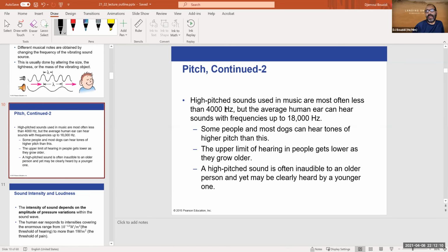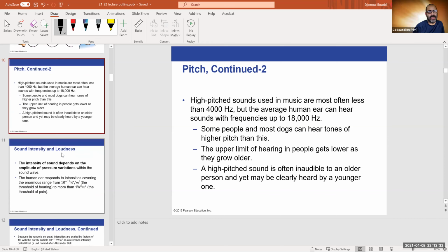A high-pitched sound can be as high as 4,000, but we can hear up to 18,000. Actually, the range is usually between 20 and 20,000 hertz. That is basically our hearing range. And it depends on age too. As you start to age, your hearing starts to deteriorate little by little, okay?